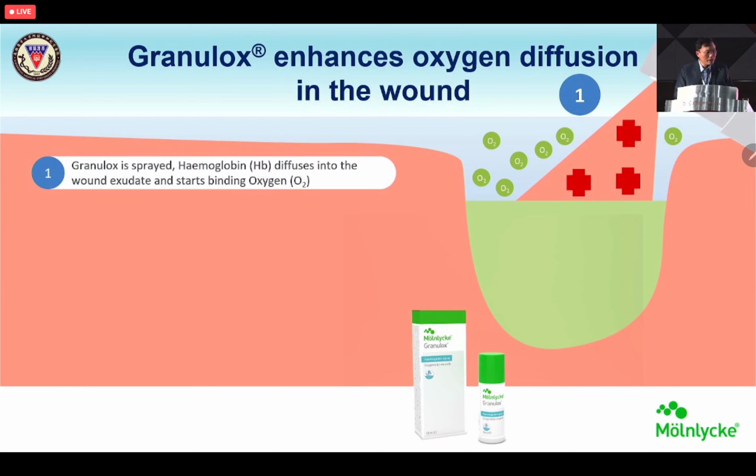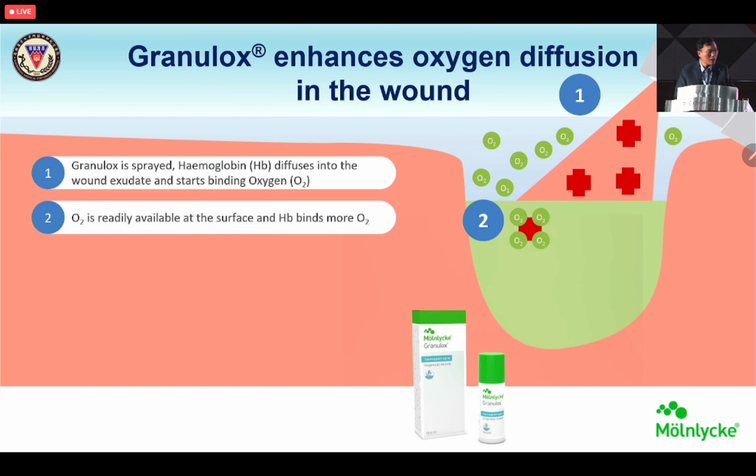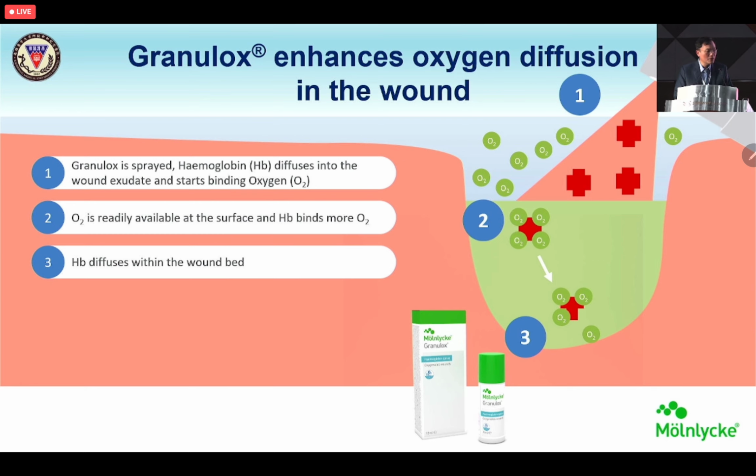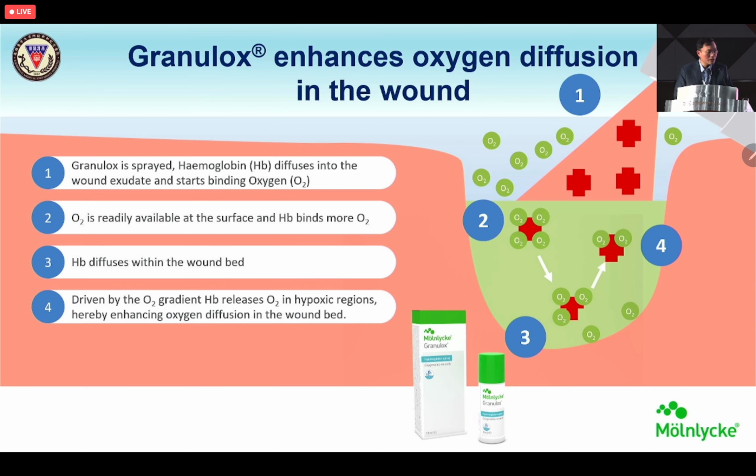The mechanism is to diffuse the spray, the hemoglobin, in the wound area, and then the oxygen is available to the surface and diffuses to the wound bed, and can deliver the oxygen gradient through the hemoglobin to the topical tissue.